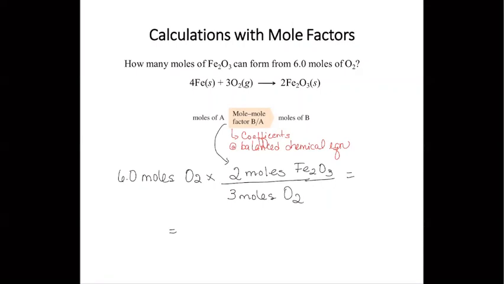Excellent, 2 sig figs. So even though your calculator display shows you a value of 4, the correct answer is going to be 4.0 moles of Fe2O3. Because remember, we're going to be using dimensional analysis. Moles of O2 cancels with moles of O2.